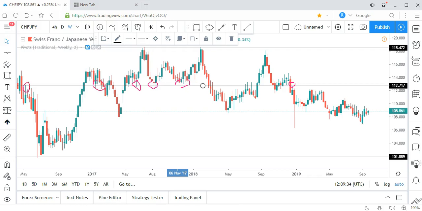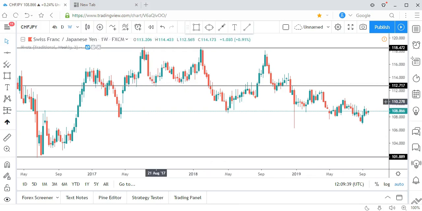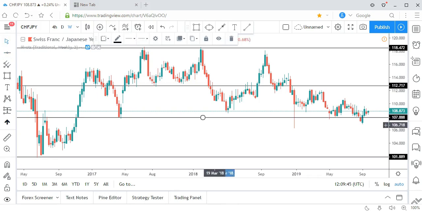So that is a key turning point. Where else can we use as a key turning point? Another point here. I take this point because price touched here, and most recently here. So this is our key turning point.